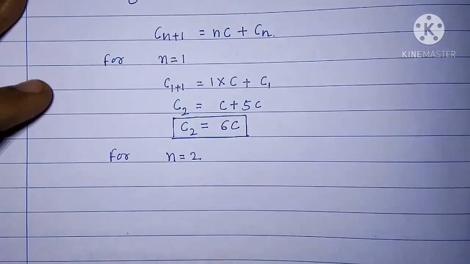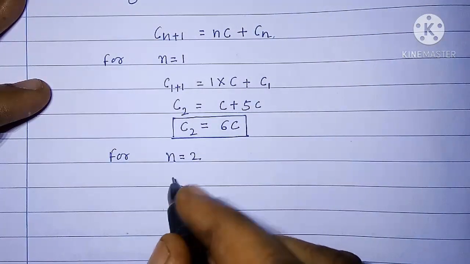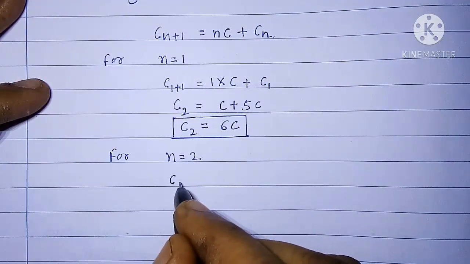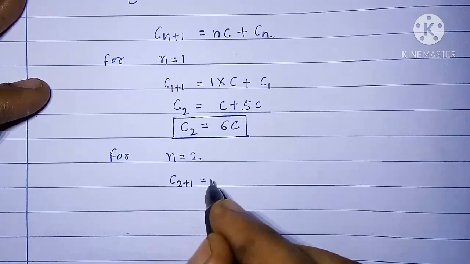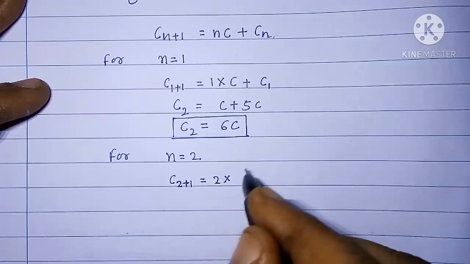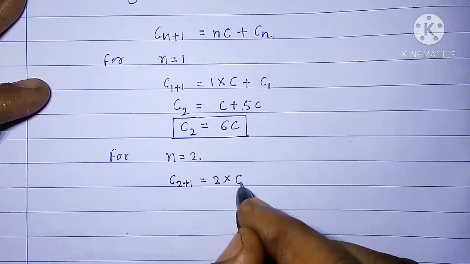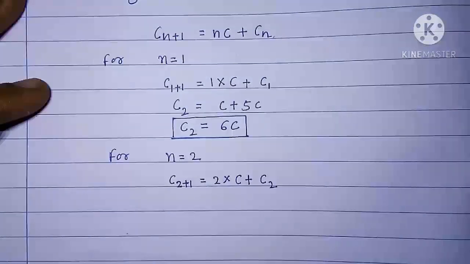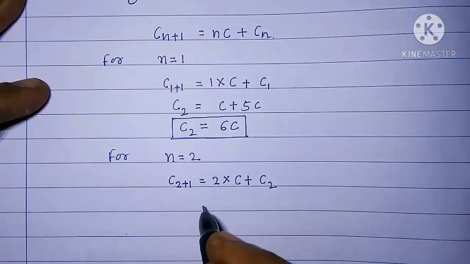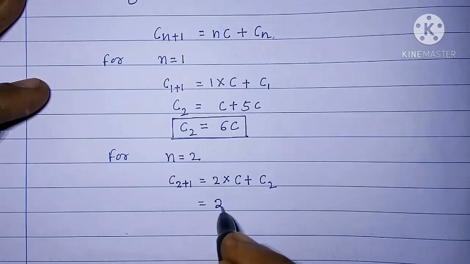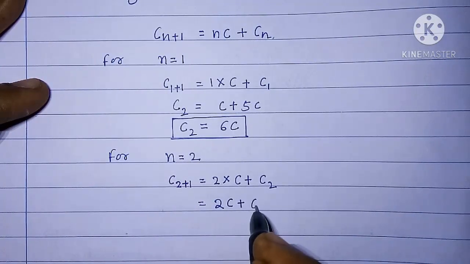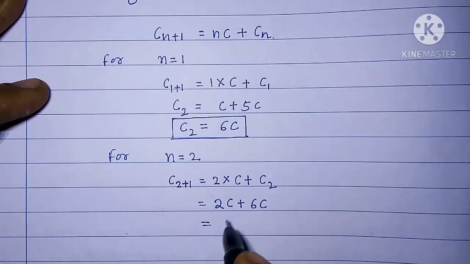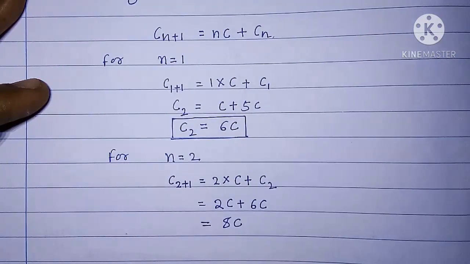For n equal to 2, C2 plus 1 equal to 2 into C plus C2, that is 2C plus 6C, and this is equal to 8C.